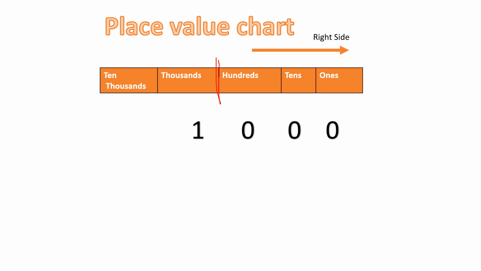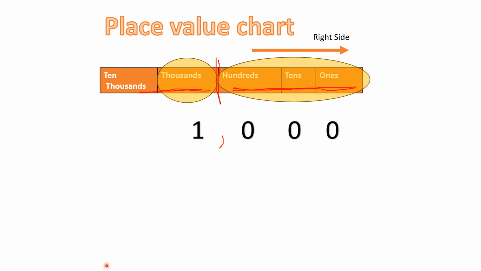The hundreds, tens and ones, these three places are in one group, and from this portion it comes under the thousands group. That is the next group. So here we should give a comma. Just after 3 digits, we should give a comma to separate the digits. So these are the groups.